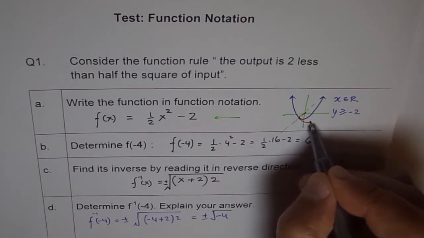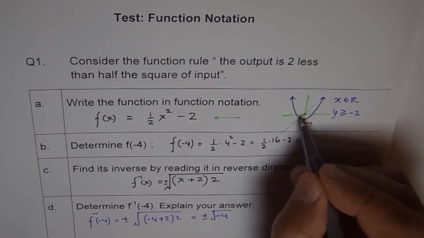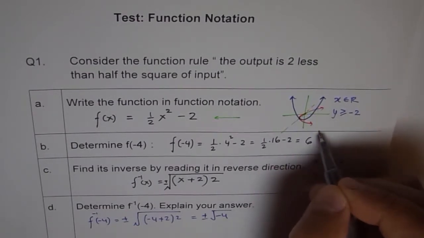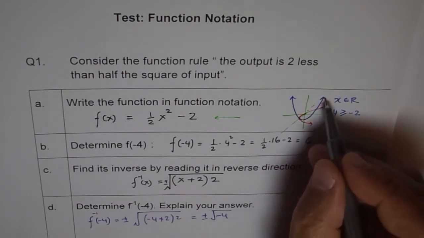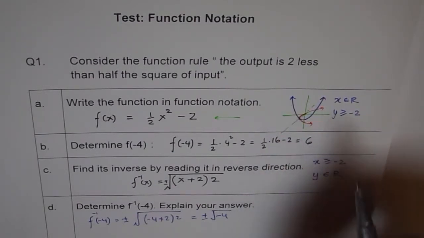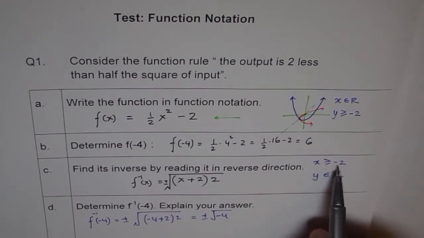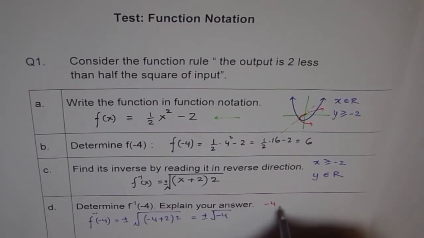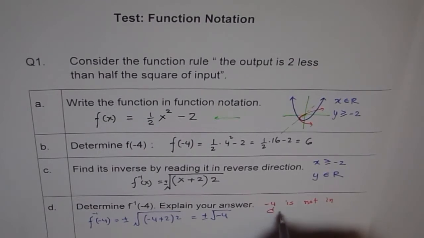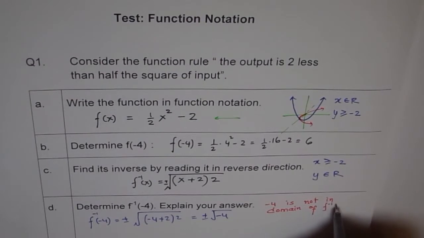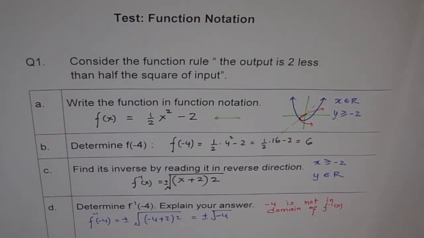I'm not drawing it exactly, but trying to show you this is my minus part and that is my plus part. That's my square root function. This square root function, which is the inverse of my square function, has a domain restriction. It is only defined for x greater than or equal to -2. Since -4 is not in the domain of f inverse of x, that's why we are getting that kind of an answer.